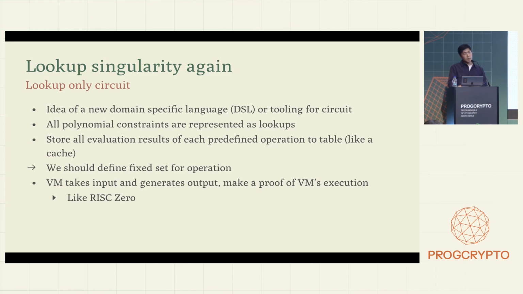That seems quite similar to a VM, because a VM has a predefined set of instructions. So we can put a VM structure onto this idea. A VM takes input and generates output, and makes a proof from its own execution, like RISC Zero. So we can apply this approach to the lookup singularity idea.